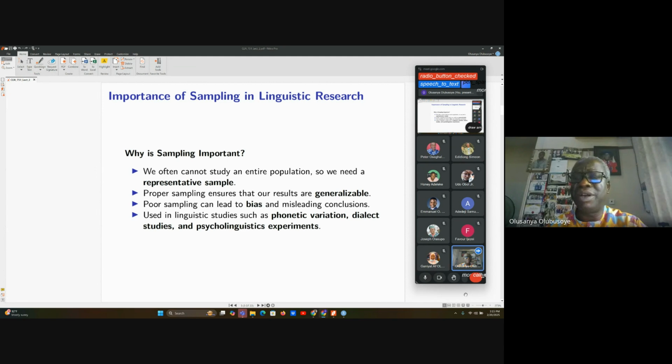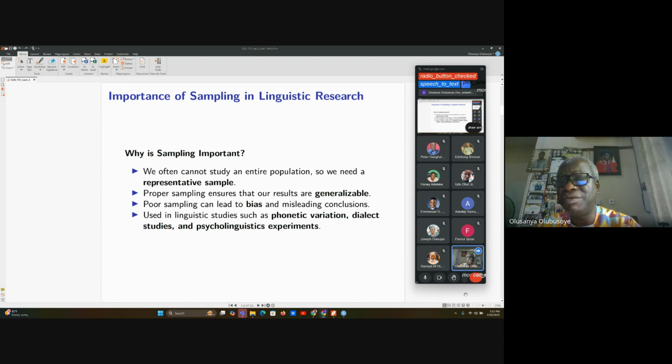You can talk about the population of the Yoruba speaking group. So that population is identified. Anybody speaking Yoruba is identified as a member of that population. You can also talk about the population of Egbira or Hausa.